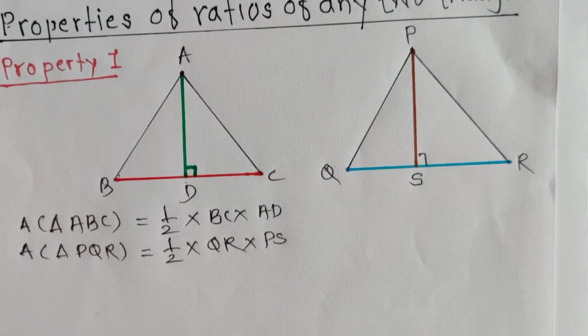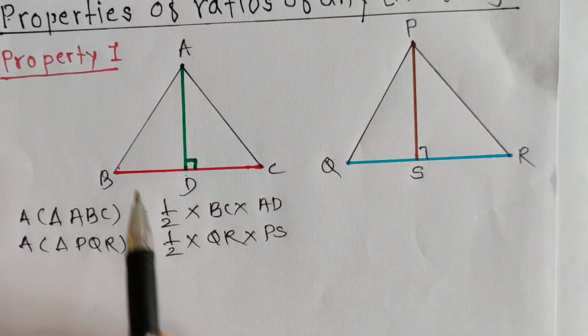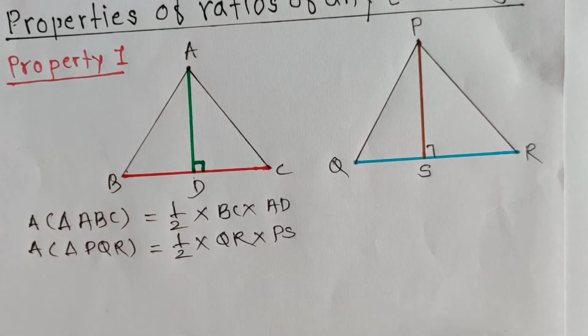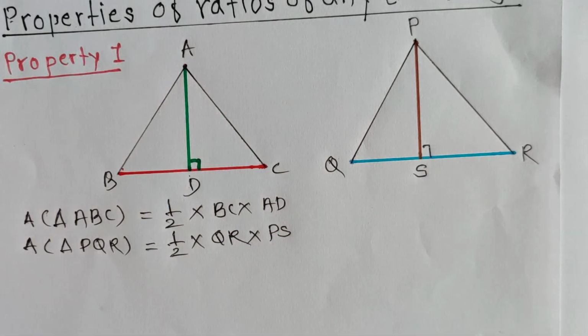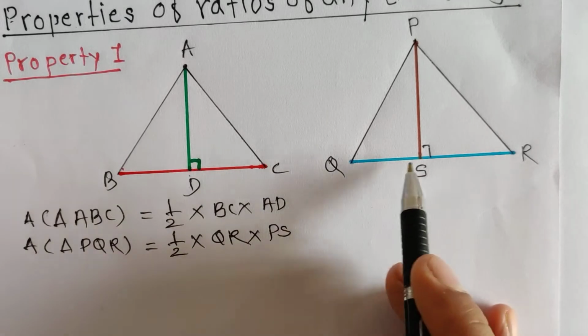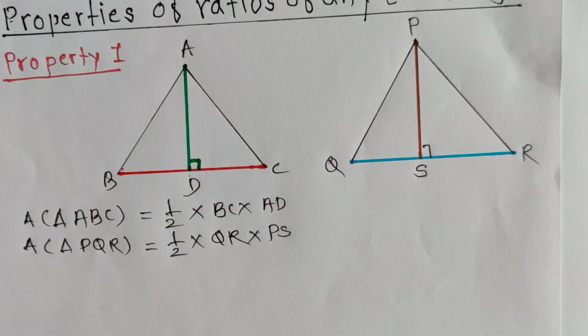In this first figure, it is shown by red color and blue color, green color and brown color. These different colors indicate that these are not equal. Means in this first case, there is no relation between these two triangles.